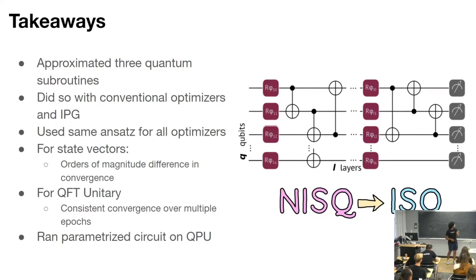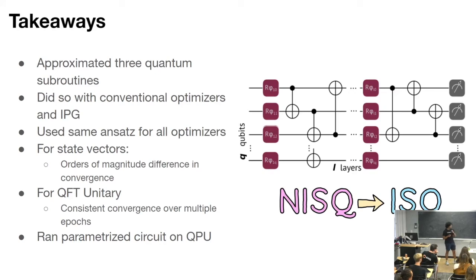And so I guess the main takeaways is that what we did was we approximated 3 different quantum subroutines: the W state, the GHZ state, and the quantum Fourier transform. We tried to approximate these using an ansatz, and we did this with 4 different optimizers: Adam, gradient descent, LBFGS, and our optimizer, IPG.